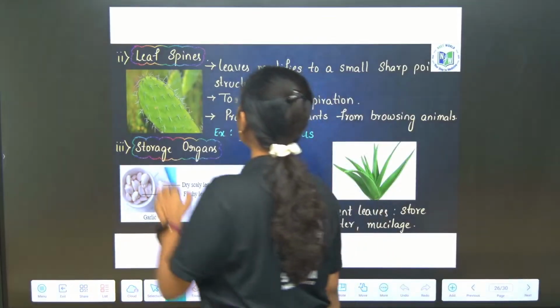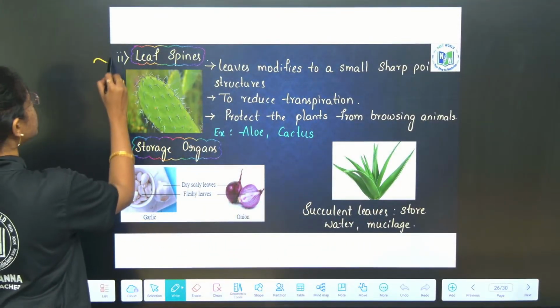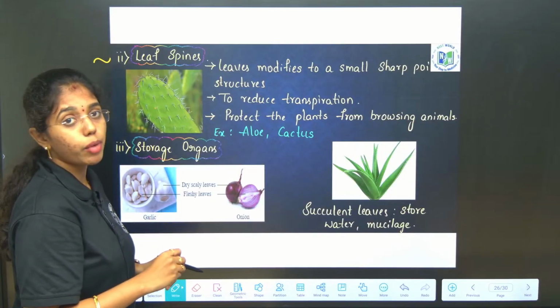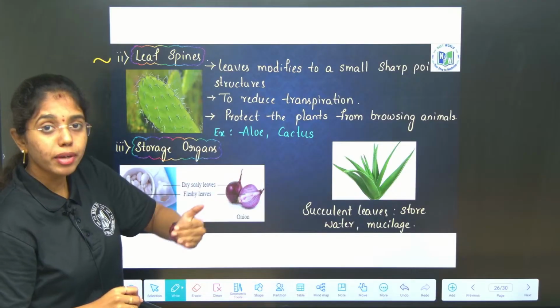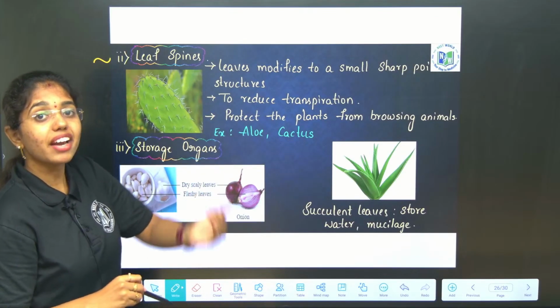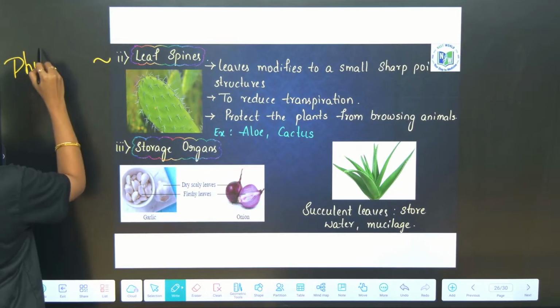Leaf spines, here leaves are modified to spines. This you will observe in those stem modifications. What is that stem modification? Wherein the stem is becoming chlorophyllous and performing photosynthesis and leaves are reduced to spines. Those modifications are phylloclades.